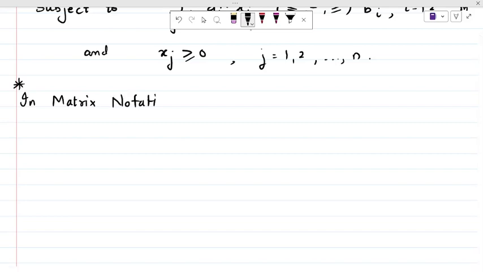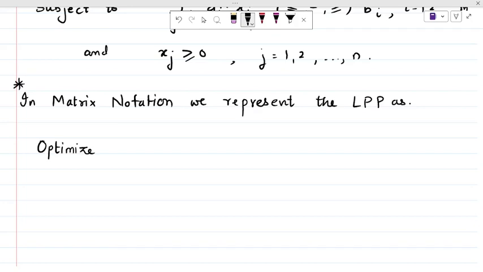In matrix notation we represent the LPP as, say, optimize, that will be either maximization or minimization, where z equals capital C times x.